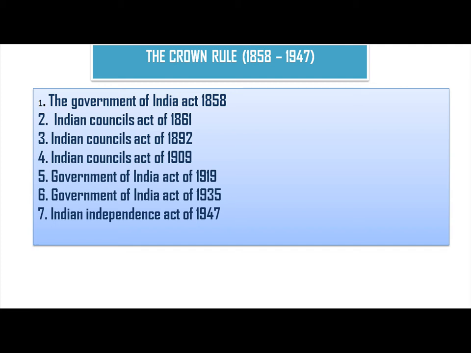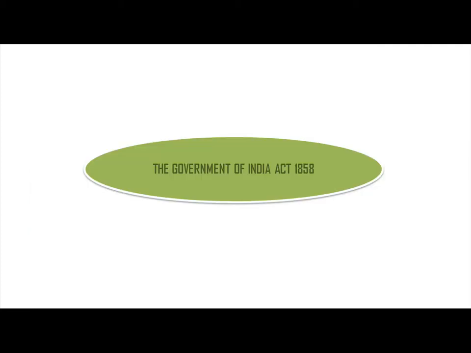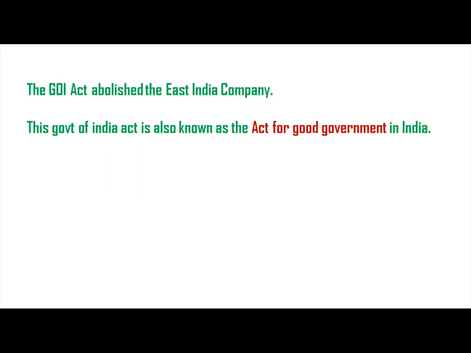The first one under the Crown's rule is the Government of India Act 1858. Today's video we will discuss this act. Let us know more points about it.